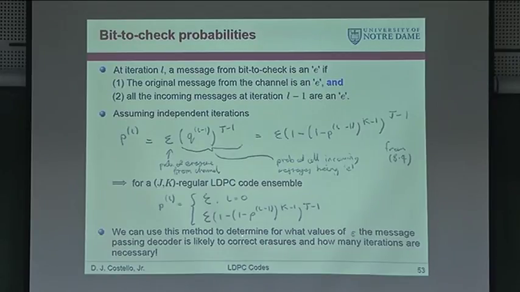It allows us to determine the values of epsilon for which the message passing decoder is likely to correct errors and how many iterations are necessary. What do I mean by likely to correct errors? Well, we'll see that if the probability of passing erasures goes to 0, that means that we're correcting them. And we'll be able to track how fast this happens in terms of iterations.